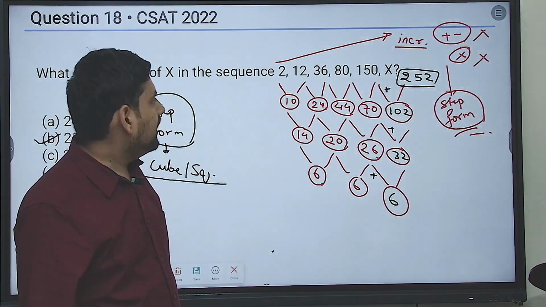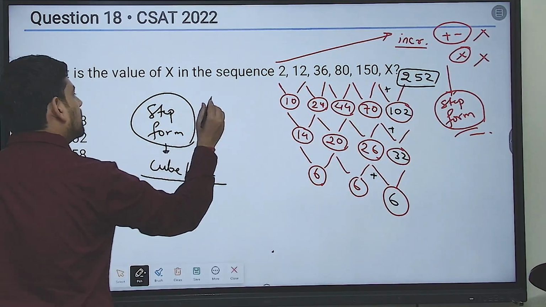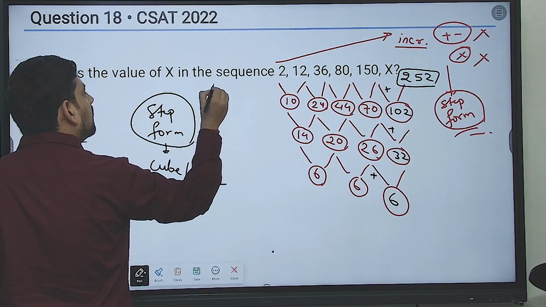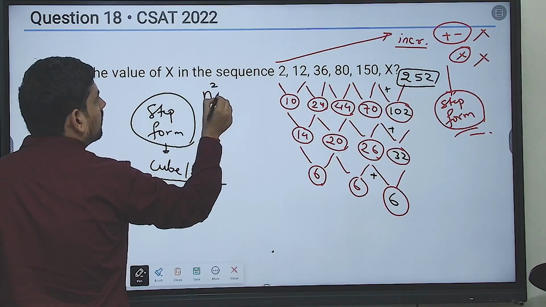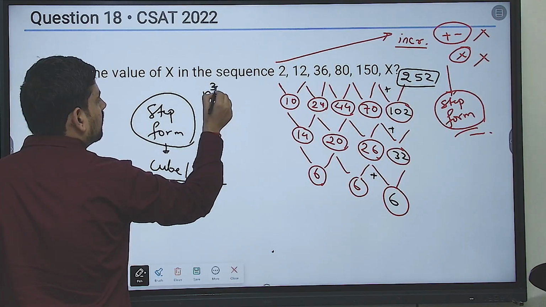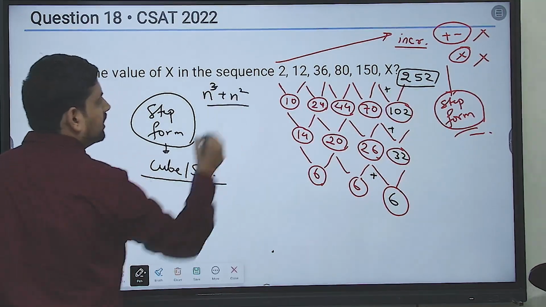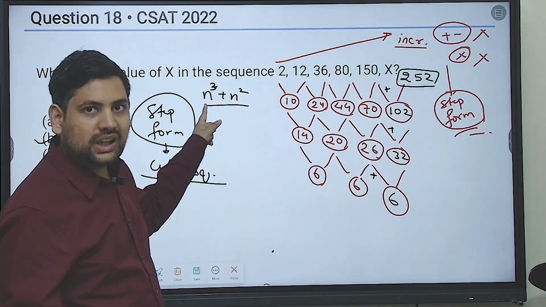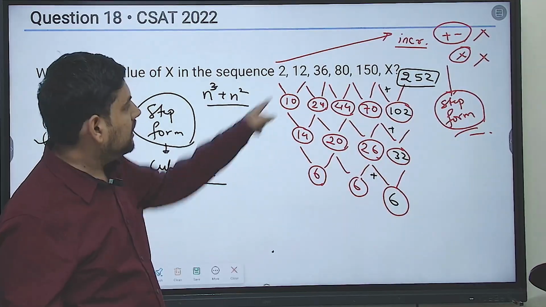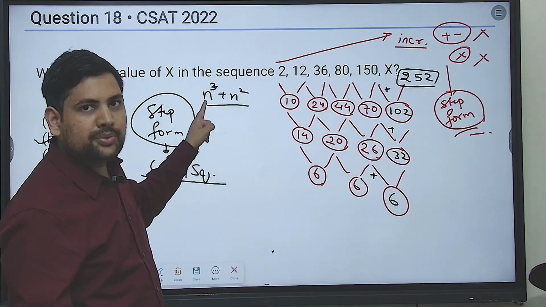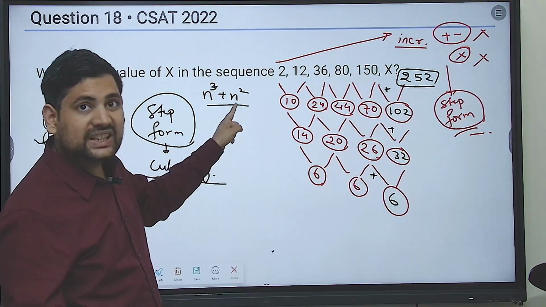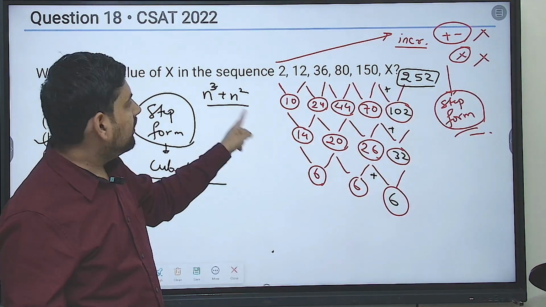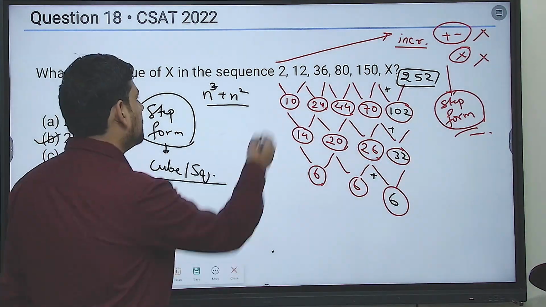Like if I tell you, actually this series is, in my opinion, n cube plus n square. Can you see this? 1 cube plus 1 square is 2. Then 2 cube is 8, 8 plus 2 square is 4, 8 plus 4, 12. Then 3 cube is 27, 27 plus 9, 3 square, 36. So it is following this pattern.